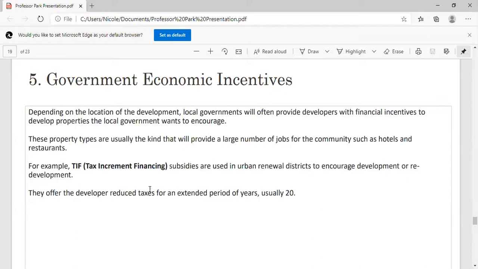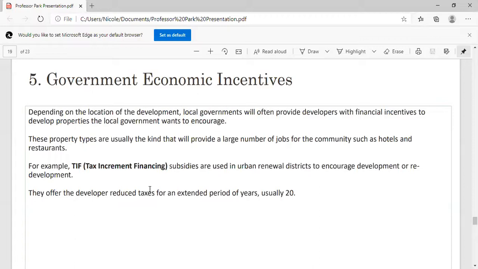So basically the development won't be required to pay taxes for a number of years, usually 20, and it will carry over to the new owner too. So say you develop the property, lease it up, and then sell it to someone else, that will carry over to the new owner. So that's another incentive that's a big selling point, and lenders really are interested in that.